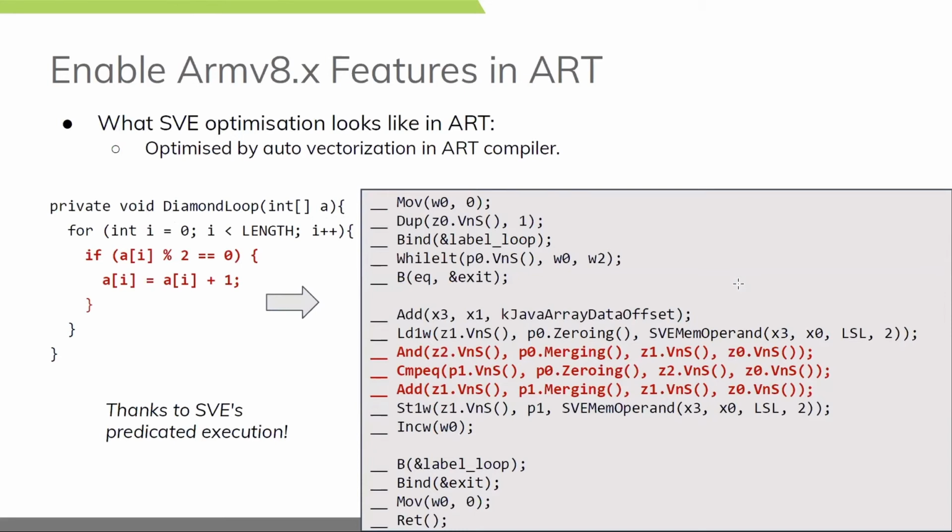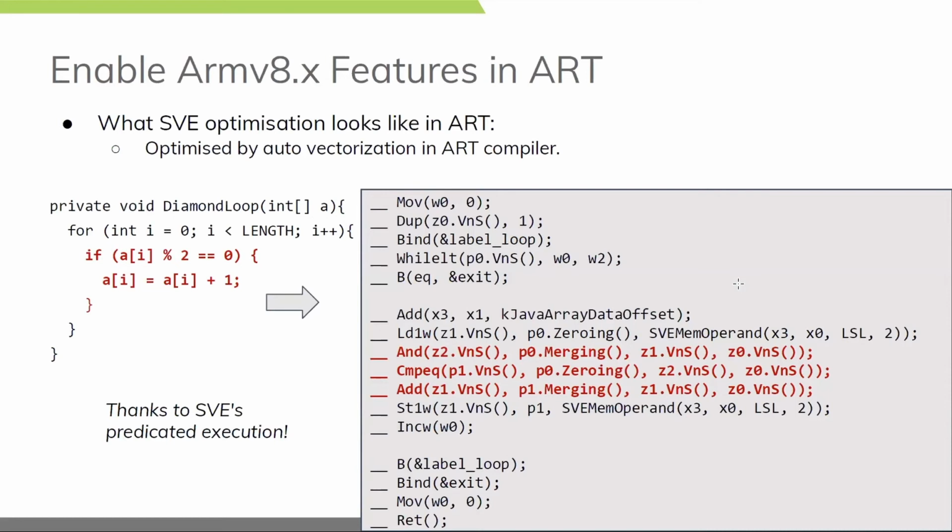Let me quickly show you how SVE optimization may look like in ART. Currently we're trying to improve the ART auto-vectorization path to recognize some loops and auto-vectorize them with the SVE instructions.